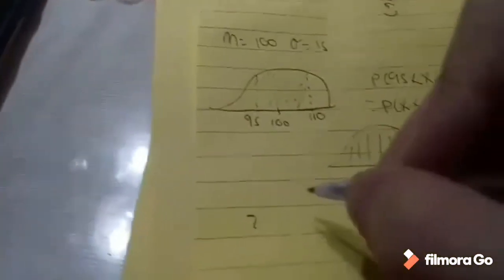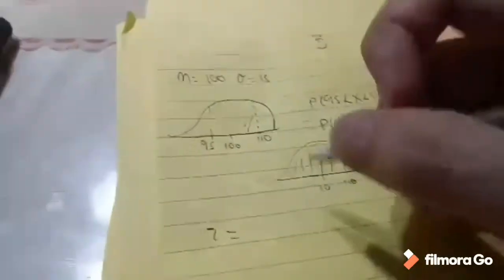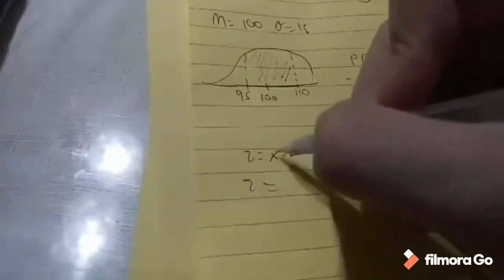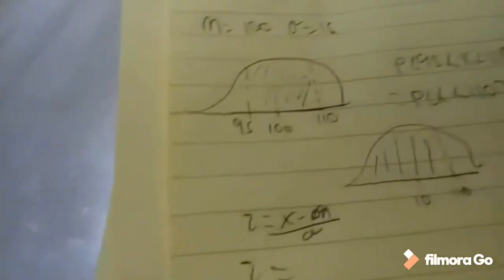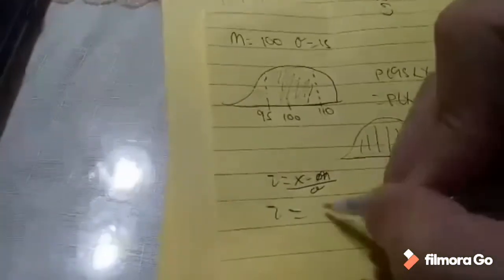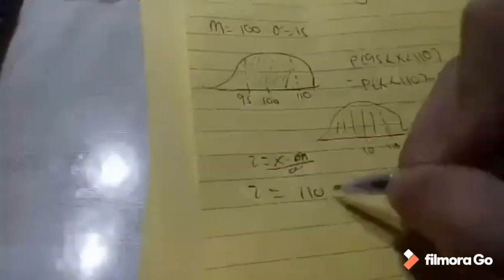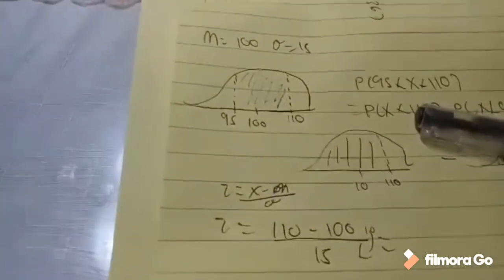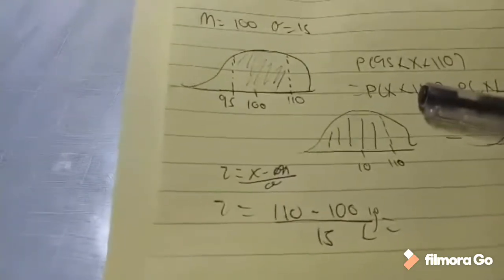We're going to calculate for 110 using the z formula, with x, the mean and the standard deviation. So 110 minus 100 over 15. We all know that 110 minus 100 is 10. So we're going to use the calculator for 10 divided by 15.